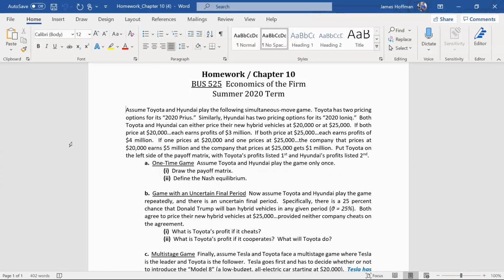You have two oligopolies, Toyota and Hyundai, playing a pricing game in an oligopoly game theory aspect. First you're going to do the one-time game, draw it, and define the Nash equilibrium.